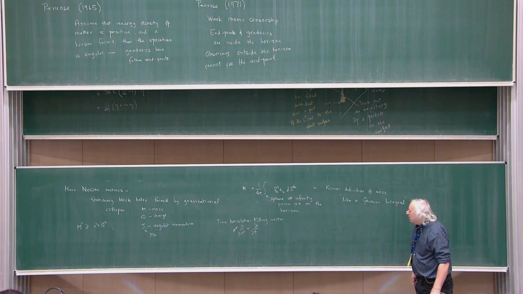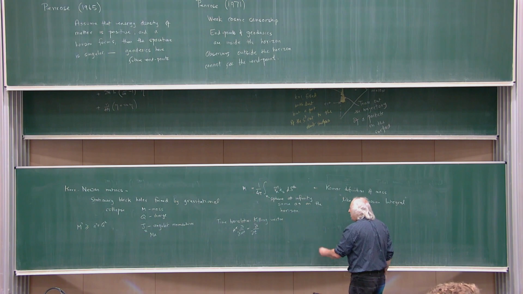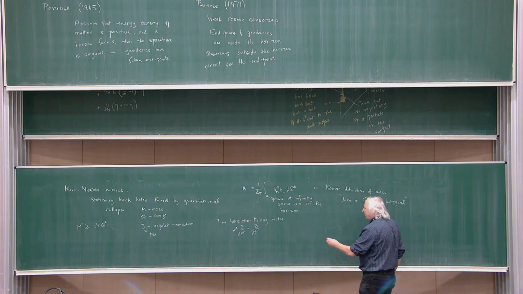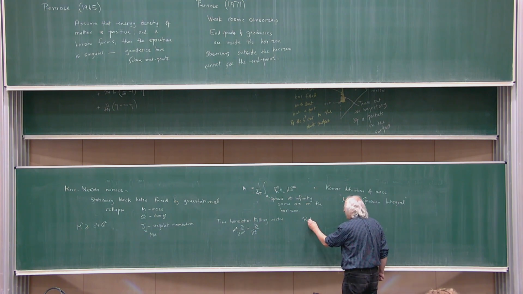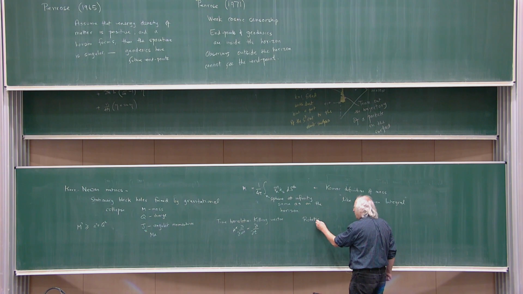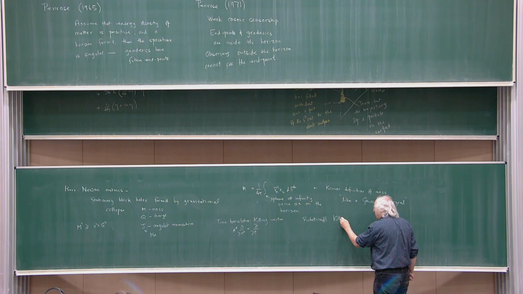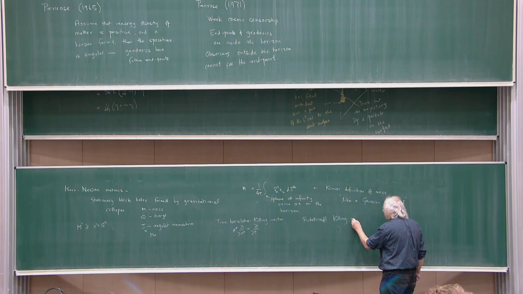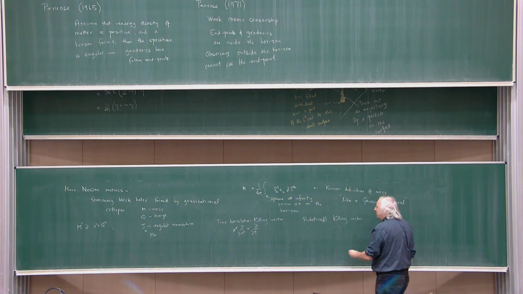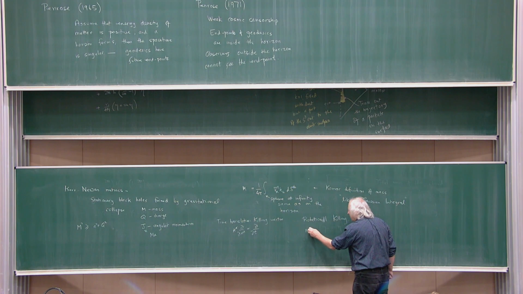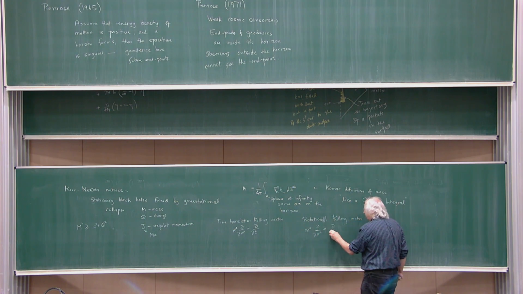Similarly, you can define the angular momentum J. Well, there is a rotational Killing vector, m^a ∂/∂x^a equal to ∂/∂φ.